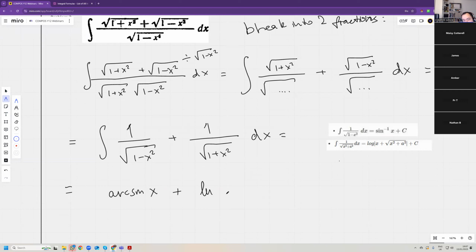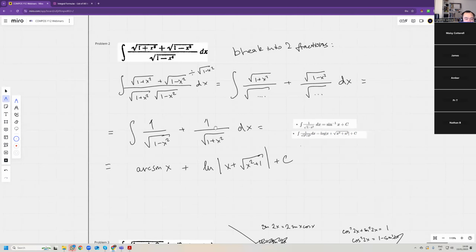Is there a difference? Log should be natural log. Log of x plus square root of x squared plus 1, plus c. No, arctan is when there's no square root. When there is a square root, it's not arctan.